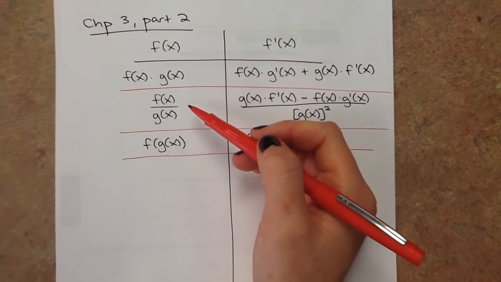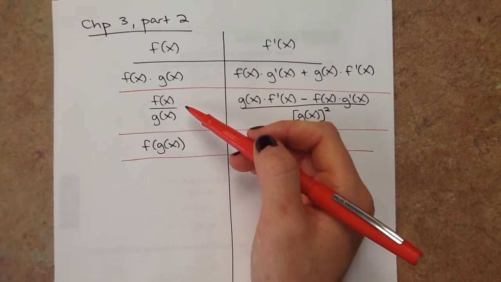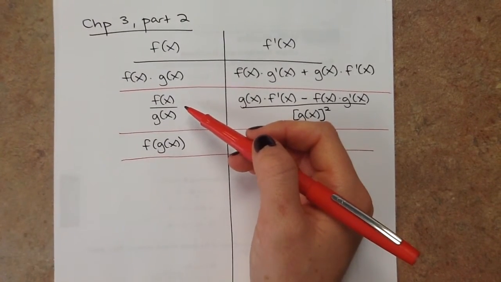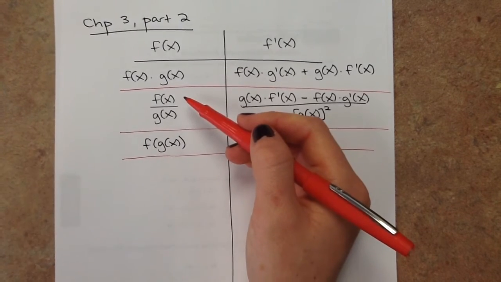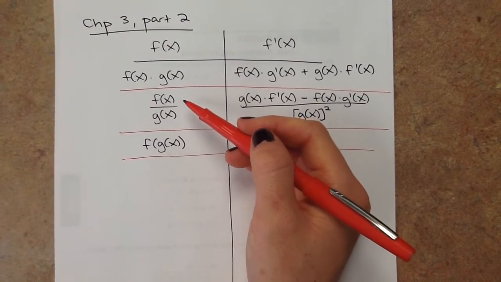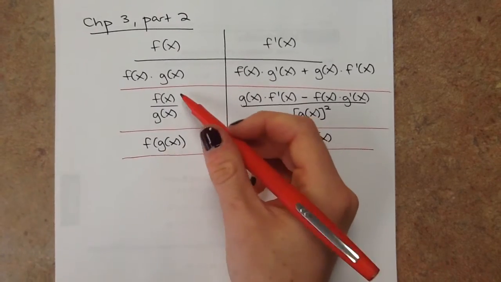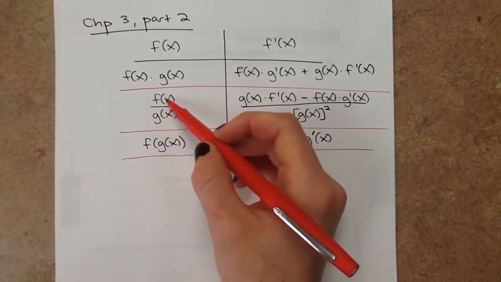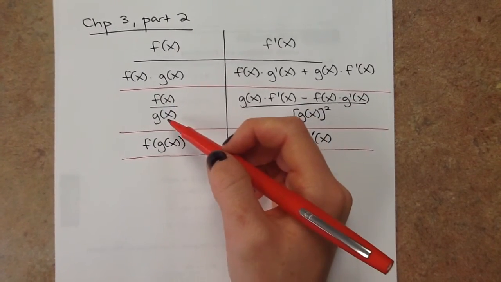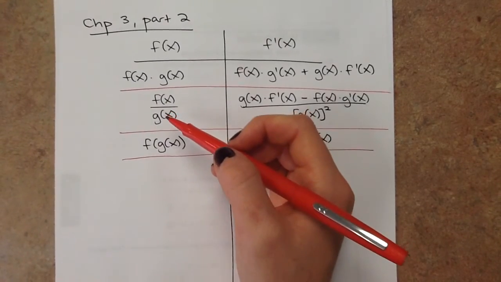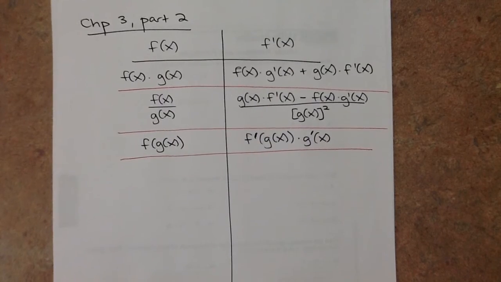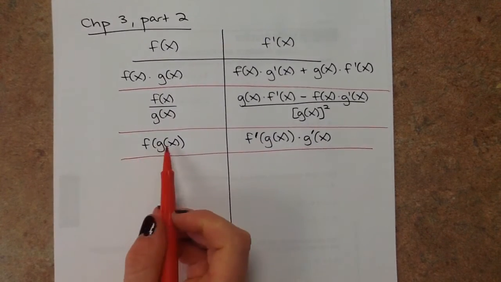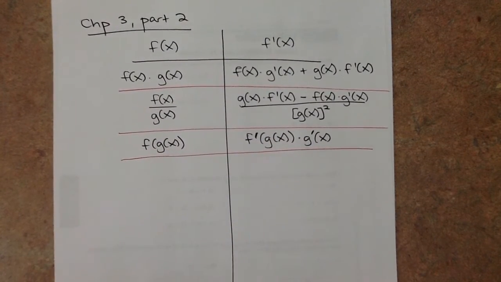If there's anything you can do algebraically to simplify it down, do that. If you can avoid a product or quotient rule, avoid it. If it's a polynomial times a polynomial, you could FOIL it rather than doing the product rule, for example. Or if it's x squared, etc., all over x, you could divide them all by x and simplify instead of doing a quotient rule. But with chain rule, there's really not much of a way that you could simplify it because this isn't f times g. It's f with g plugged in.